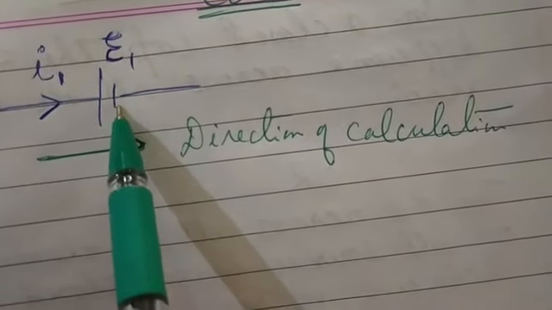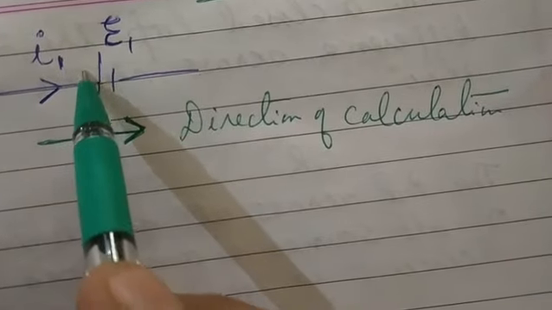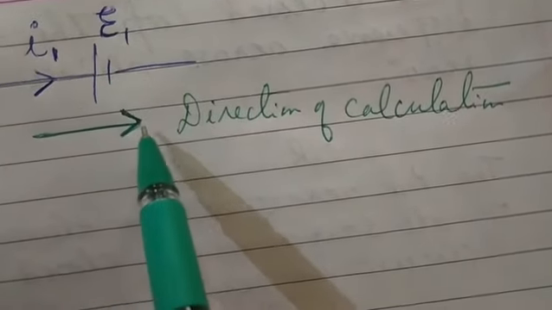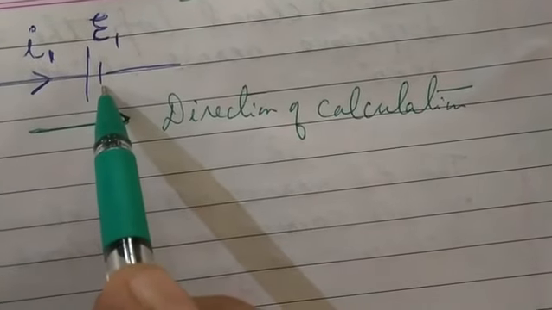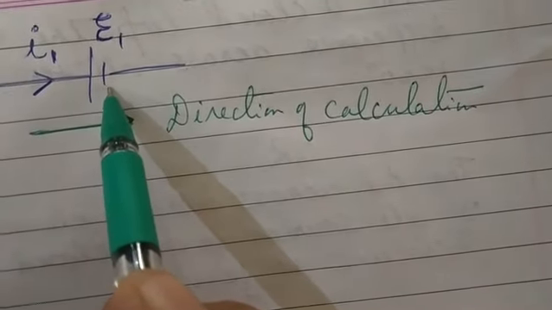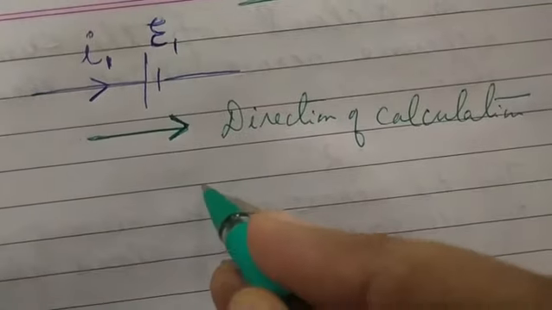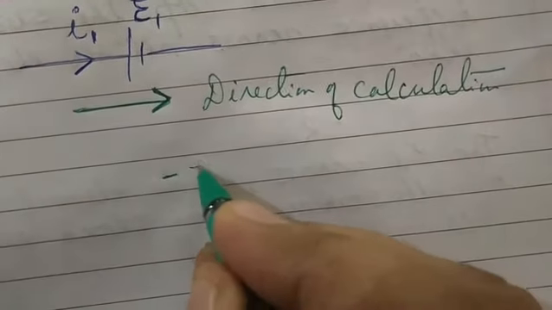Its ending point is negative. This one is positive: the big line is positive, the small line is negative. So the ending point of the direction of calculation in the cell is negative, so we will take minus E1.